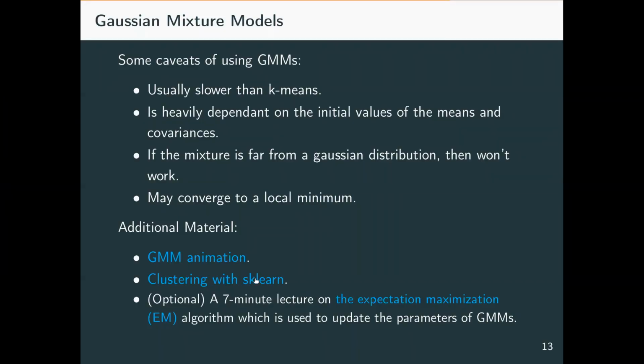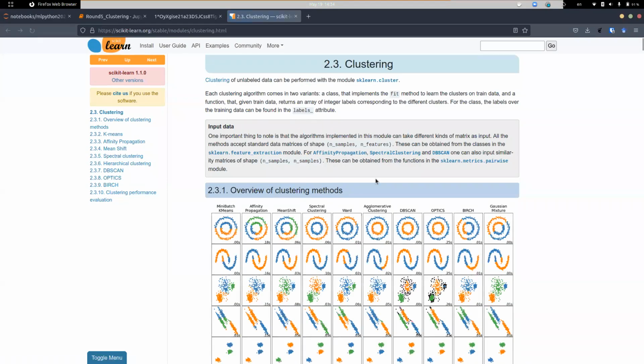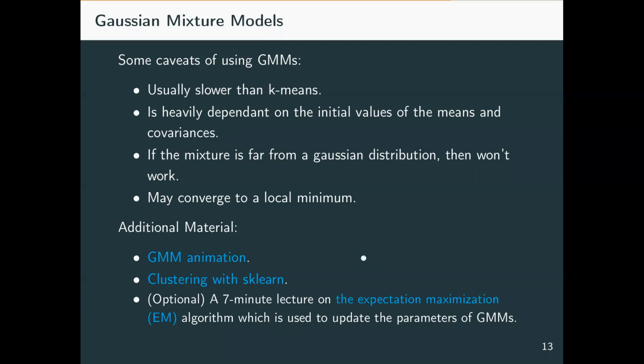And then there is this page with documentation about clustering from scikit-learn, and they have this really nice image, which I will show you later.